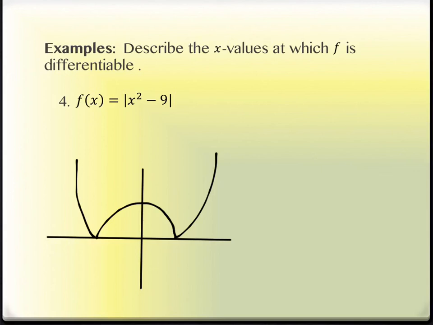But does that make sense from the perspective of parabolas and absolute values? And where does it flip up? Where do you think these points are? What's your guess? Yeah, it's 3 and negative 3. So negative 3 and 3. And the reason it's 3 and negative 3 is because if you put 3 or negative 3 into the x squared minus 9, you get 0. Right? That's the flipping up part.